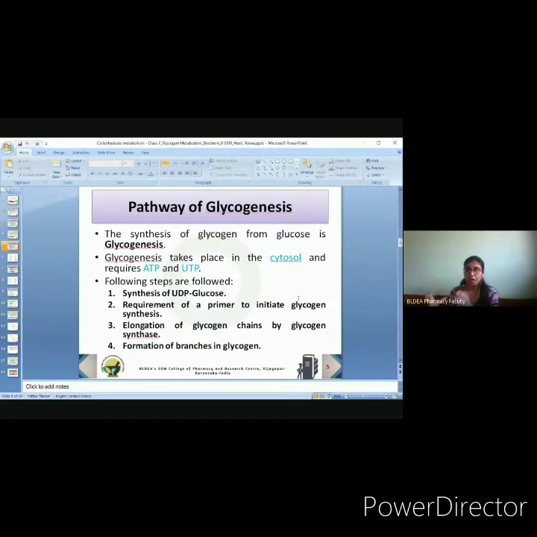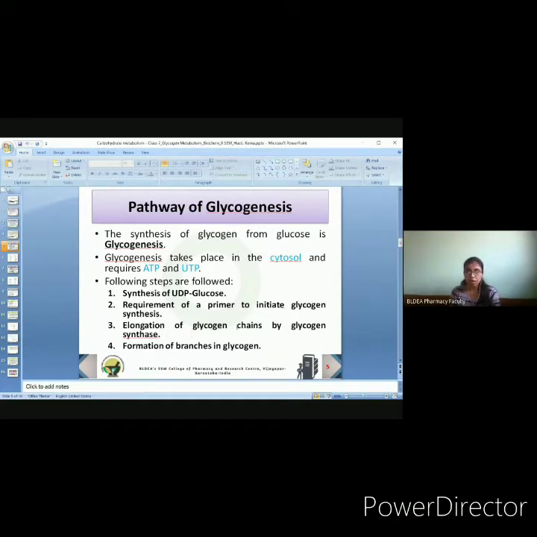Of the degraded products, some part of the glycogen remains as such, not degraded, and that remaining part is utilized for synthesis of glycogen itself. That part that is left unmetabolized is utilized to initiate glycogenesis. Until and unless this fragment of glycogen is present, glycogenesis will not be carried out. This is very important in order to initiate glycogenesis.